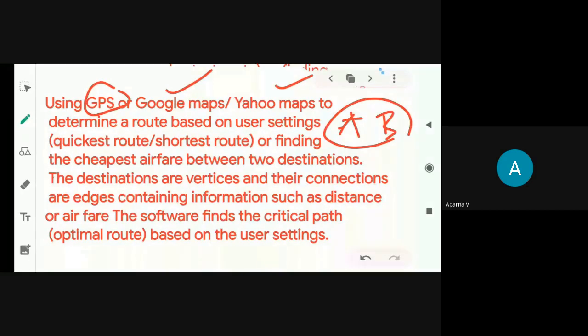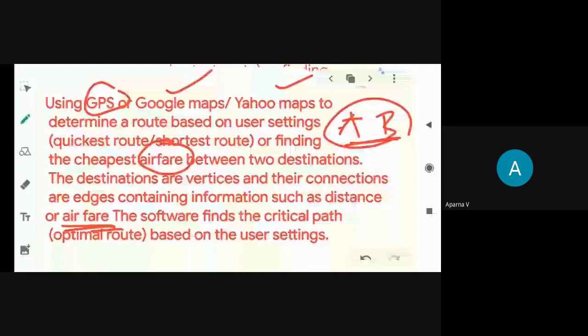If you are using an air travel system, you will be checking what is the cheapest airfare between two destinations. The destinations are vertices and the connections are edges containing information such as distance, how far these two places are apart, then the fare, airfare or the bus fare between them. The software finds critical paths.